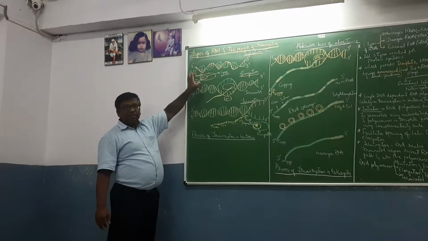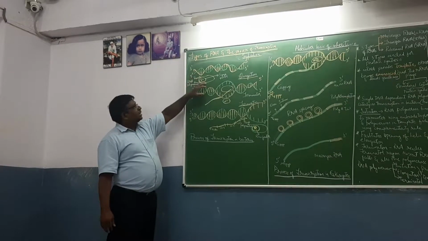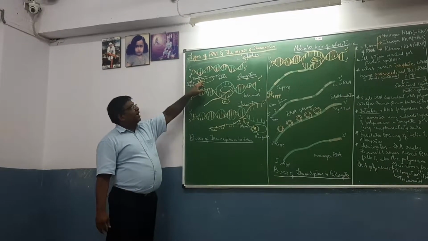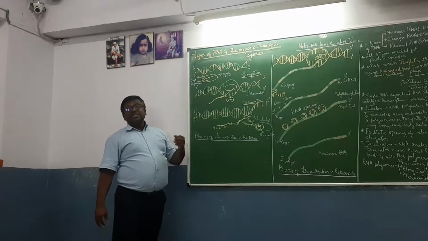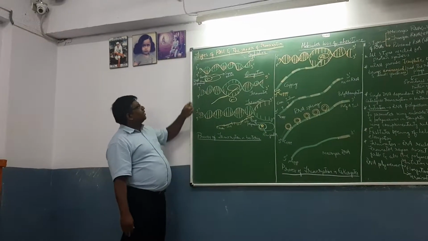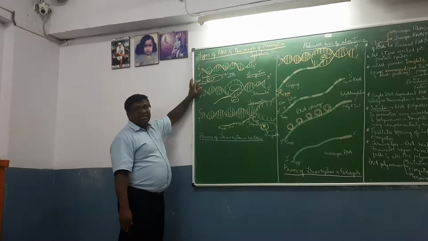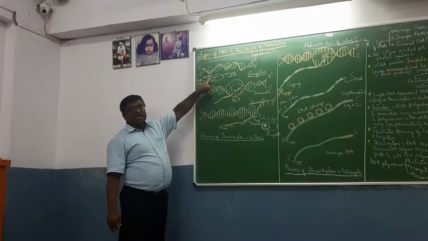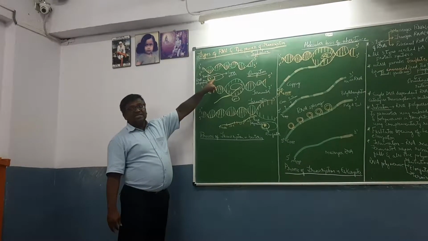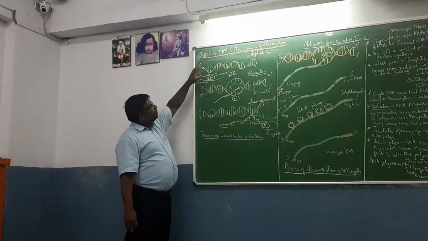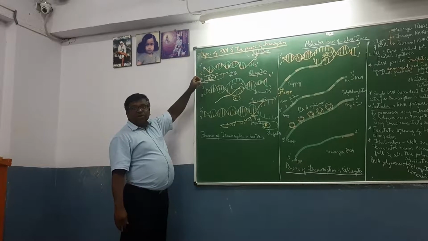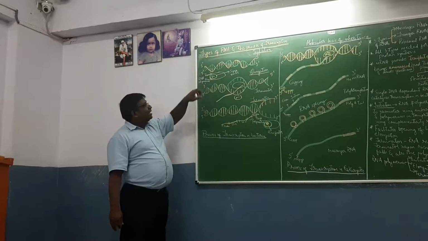Together with RNA polymerase, with the promoter which has the sigma factor, they commence the initiation process. The transcription initiation process is started by the RNA polymerase in coordination with the promoter region. The promoter region has a sigma factor. So it brings about unbinding, and RNA polymerase starts synthesizing the mRNA.